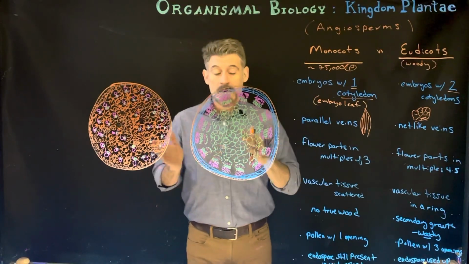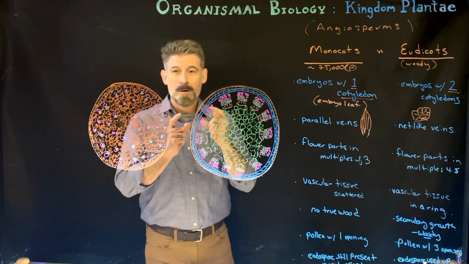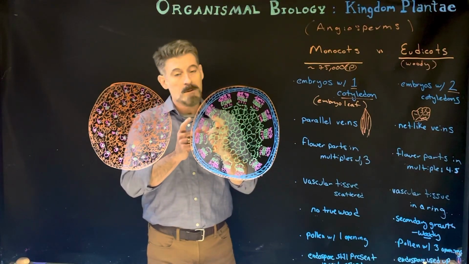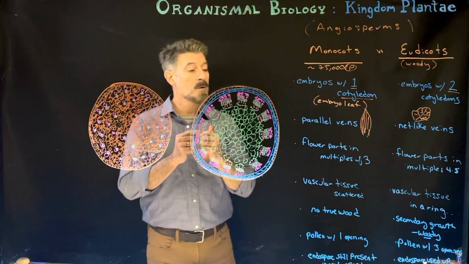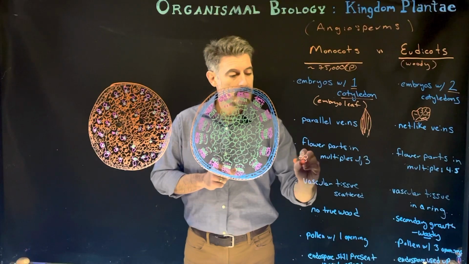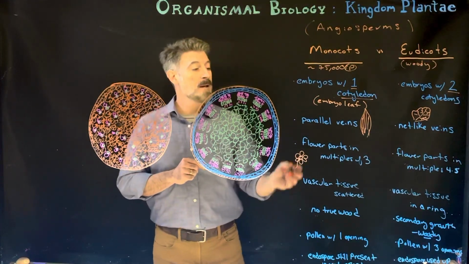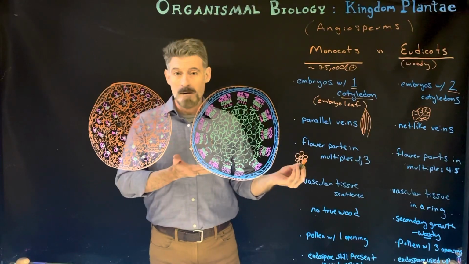Flower parts. So previously we looked at different parts of a flower. Typically for things like, well, the easiest one to usually count are petals. All right. So if you look at a flower and it has 6 petals that you count like this, then it is most likely a monocot flower.